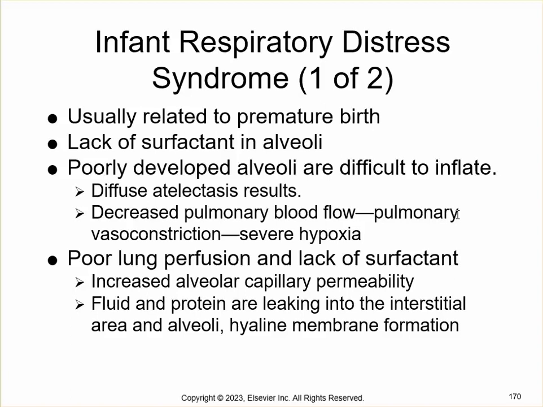It can lead to pulmonary hypertension, that kind of thing. Because the lack of surfactant means that there's no ventilation, then there's poor perfusion on that side as well. If fluids and proteins leak into the interstitium, then that can lead to osmotic problems and pulmonary edema as well.